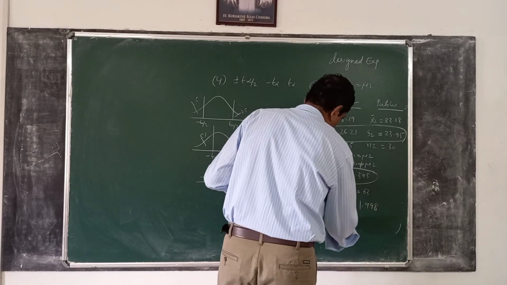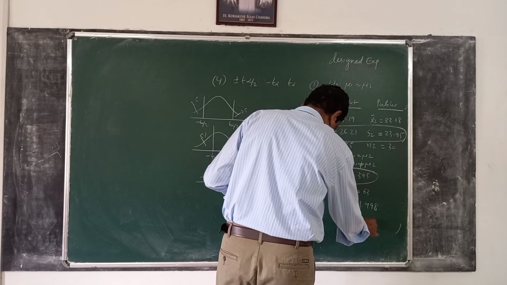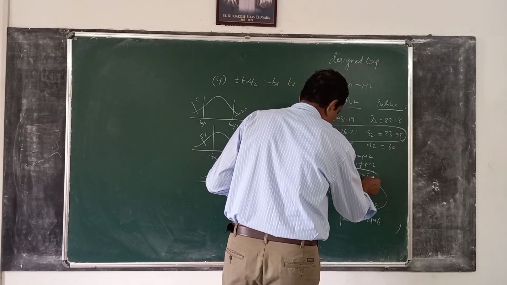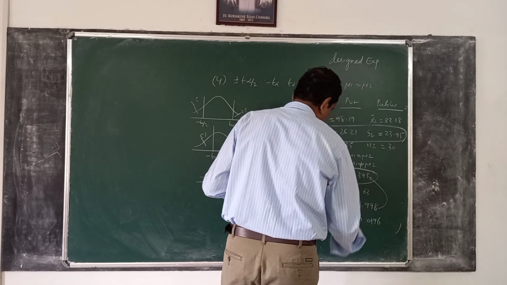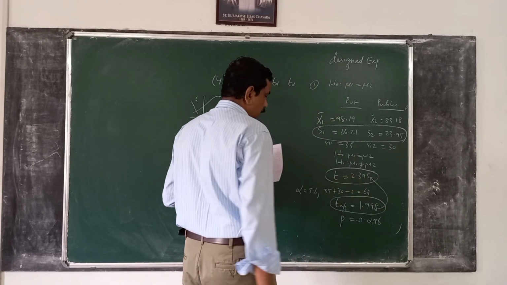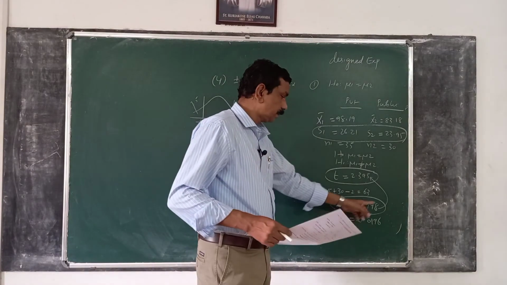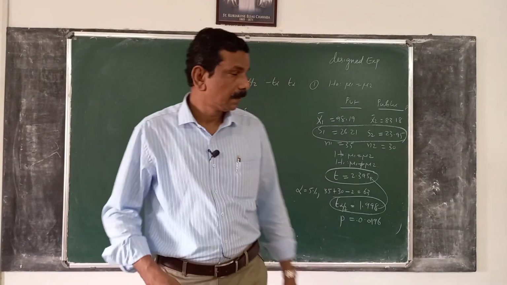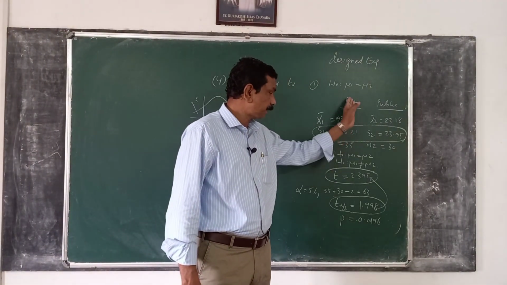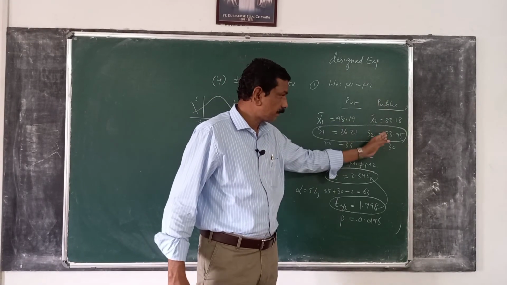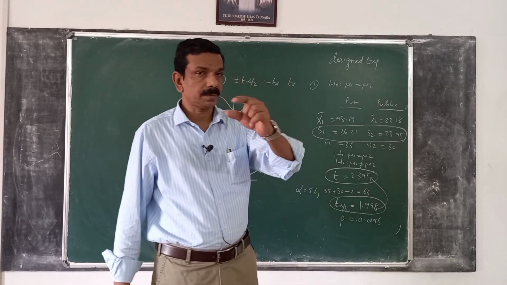And the p-value is 0.0196. As you can see, the p-value is less than 0.05, or the empirical t is greater than the critical t. So the null hypothesis is rejected. We conclude that the mean salary of private college professors is different from public college professors.